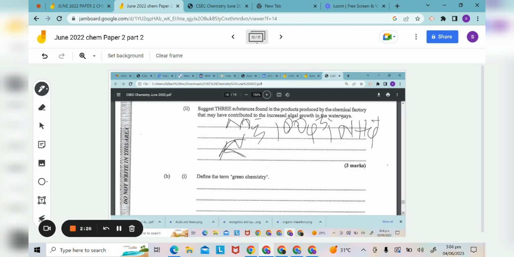Finally, it says define the term green chemistry. You could define this in so many ways depending on how you're looking at it. So green chemistry really looks at sustainable development in chemistry. And the word sustainable really means that you are not using more than you have to, so that future generations will have an earth to live in that is not polluted or contaminated.